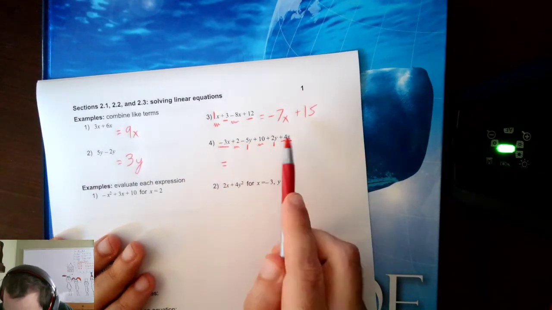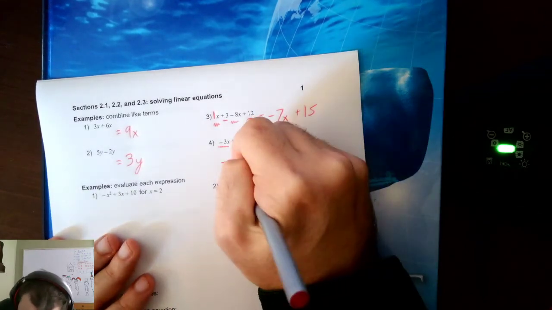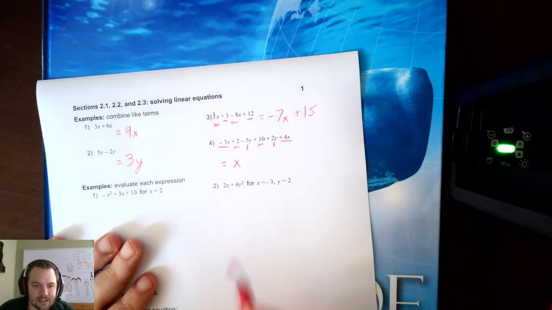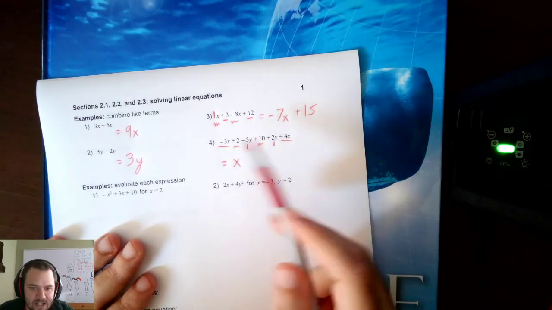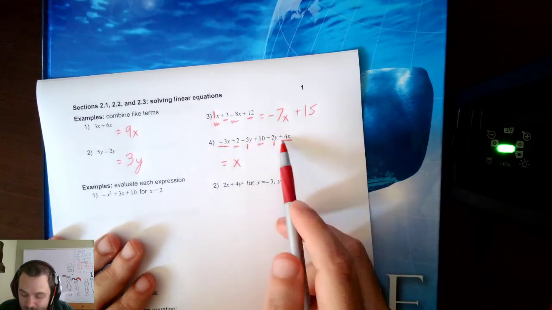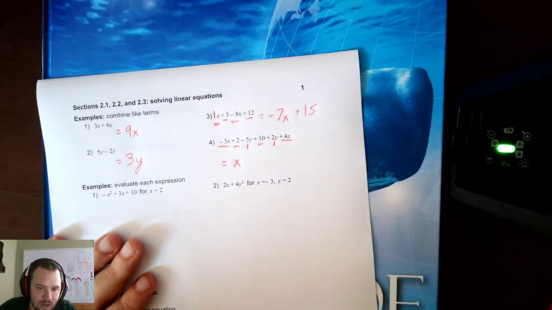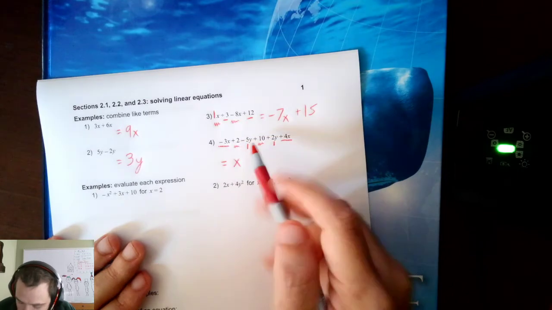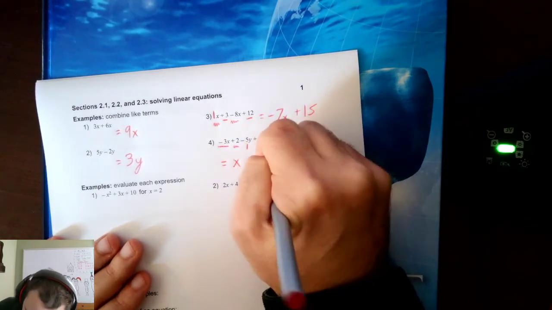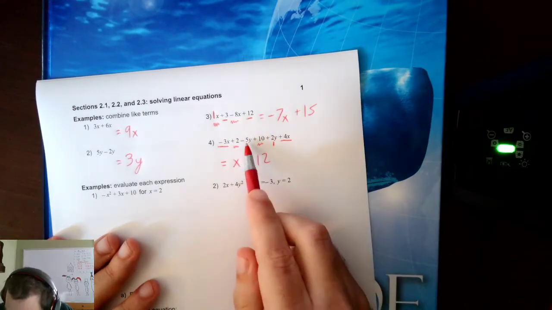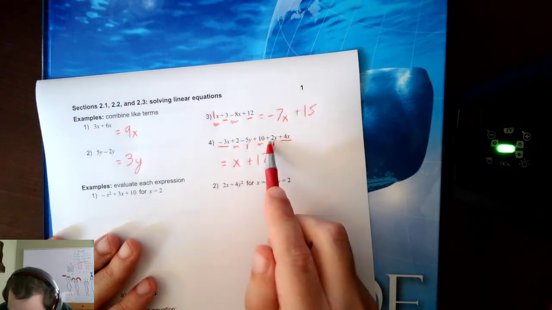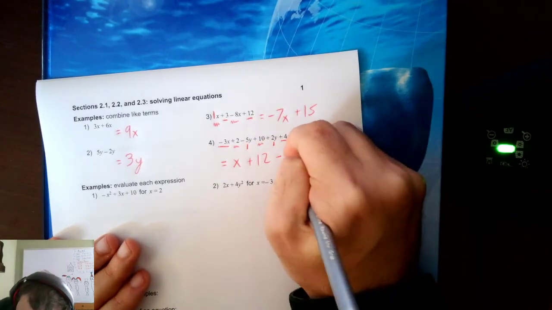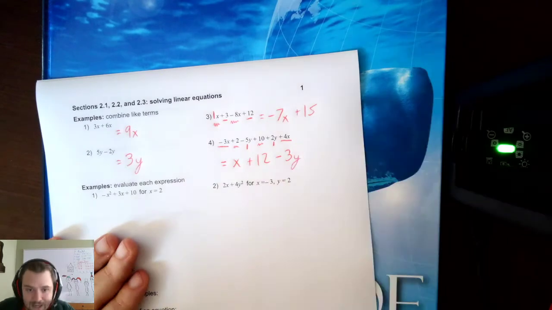Negative 3x and plus 4x will give me 1x, or x, right? Negative 3 and plus 4 combine to be positive 1. For the constants, I have 2 and 10, and they're both positive, so that'll be plus 12. And then for the y's, I have minus 5y and plus 2y. Those will combine to be minus 3y.